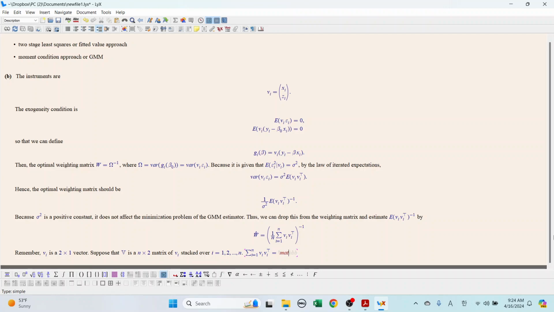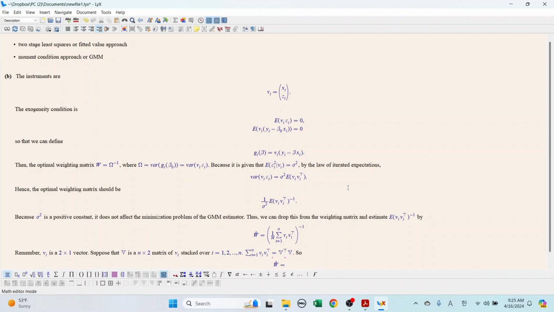We can simplify that like this. The summation can be written as an inner product: the matrix transpose times the same matrix will give you the summation over the rows. Okay, so we have this.